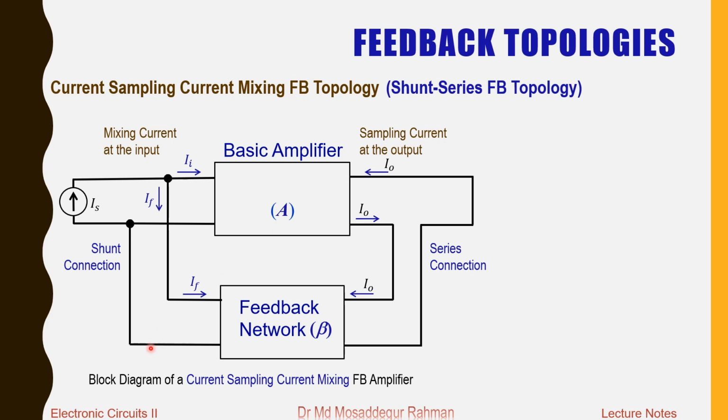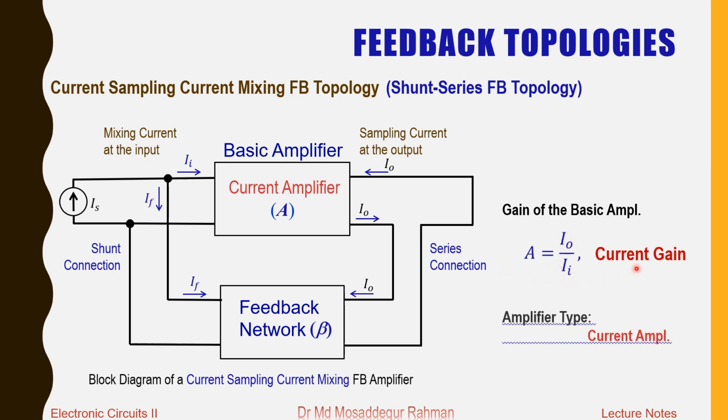Now the gain of the basic amplifier in this case, since both at the input and at the output side the signal is in the form of current, is given by I0 by II. This is the current gain, and the amplifier type is a current amplifier. It is amplifying current and producing a proportional current at the output.